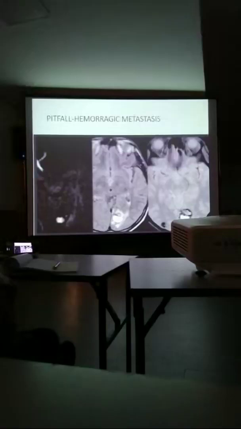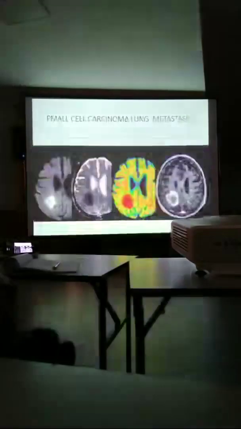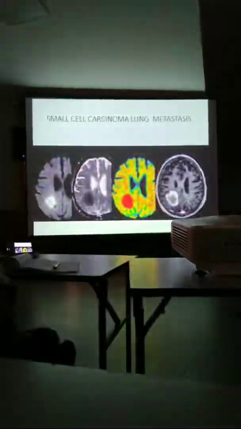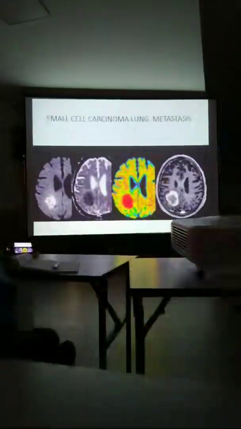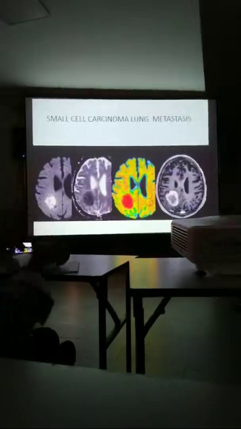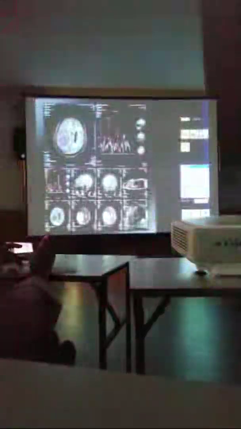It is pyogenic. But diffusion restriction can be seen with metastasis also. You can see small cell malignancy with metastasis having diffusion restriction. But the CBV is increased. CBV is increased. This is one important thing to differentiate metastasis or neoplasm. You can see this GBM having this, but the marginal vascularity is increased.